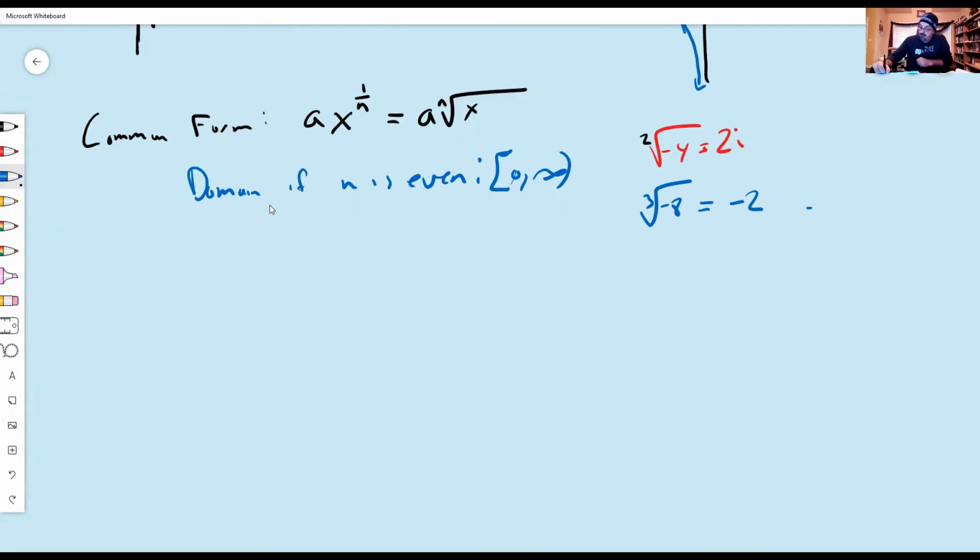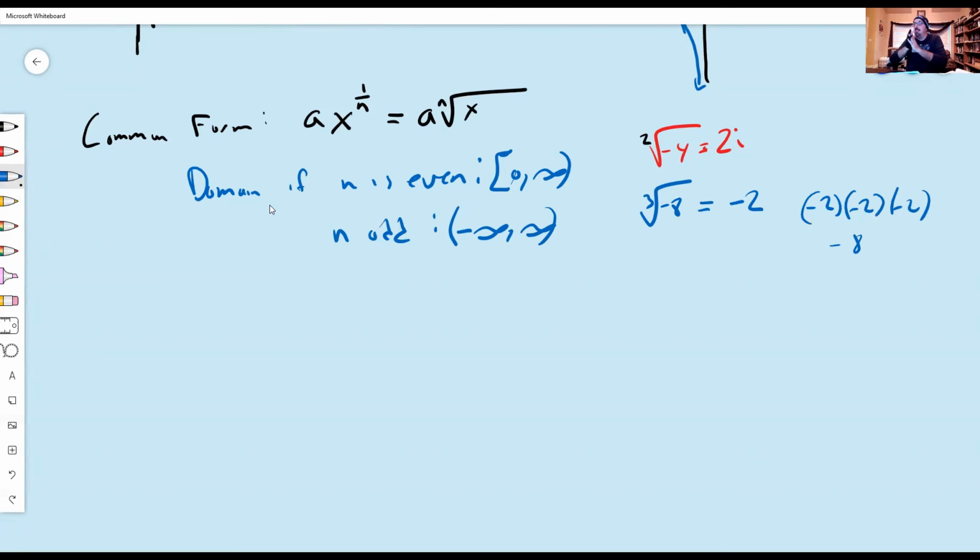Is -2 times -2 times -2 equal to -8? Well, 3 negatives make a negative, and 2 times 2 times 2 is 8, so it's true. So if n is odd, our domain is going to be -infinity to infinity.